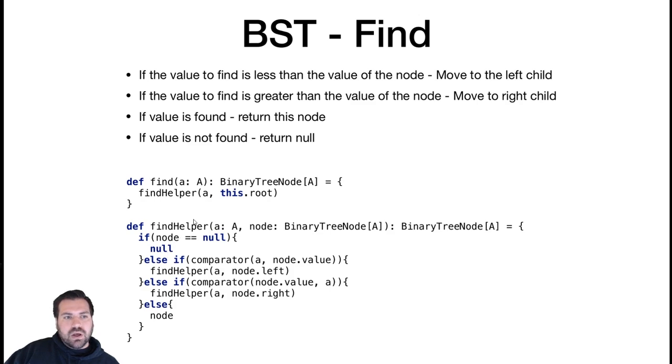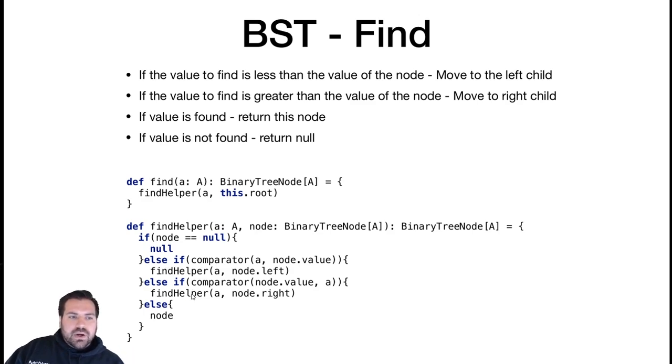We're just going to return null, and that's going to be the definition of our user-facing interface. The user knows if they call find of A and A is not in this tree, that they should expect null to be returned, just the way that we have this set up. You could handle this in different ways. I'm just going to return null and call it a day with that.